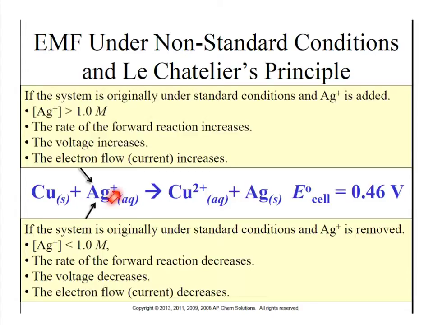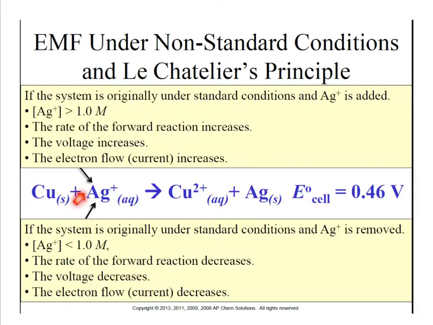If it occurs faster, the voltage will increase, and the electron flow, or the current, will also increase, just by increasing the concentration of this guy. So even though this is an equilibrium problem, the same basic principle, Le Chatelier's, applies to this. By increasing the concentration, we increase the rate of the reaction, and therefore we increase the voltage.